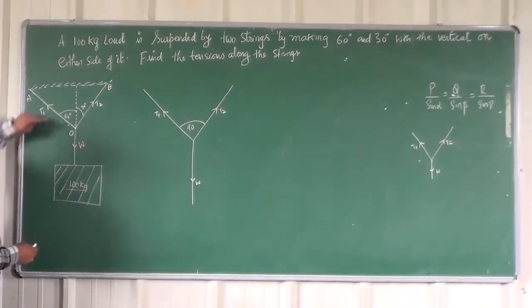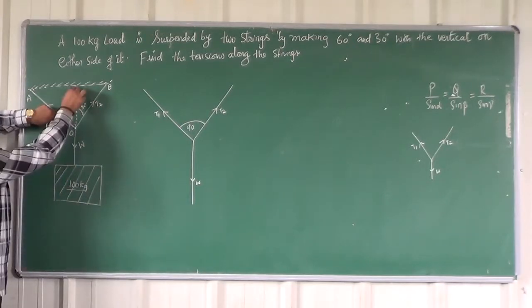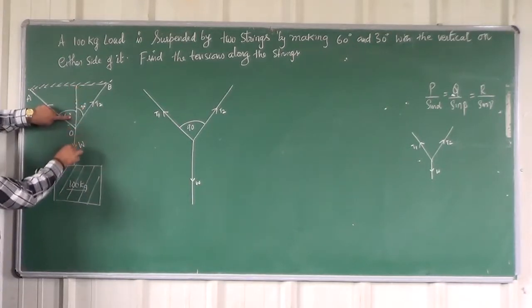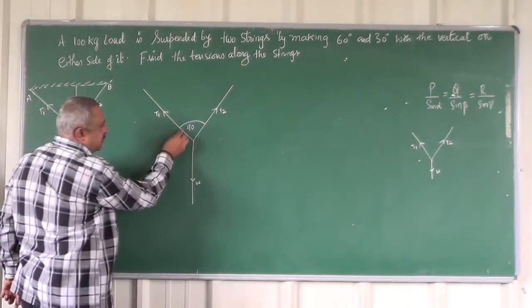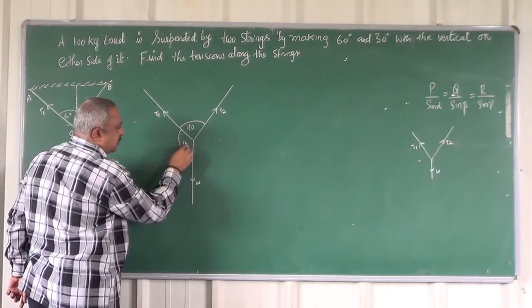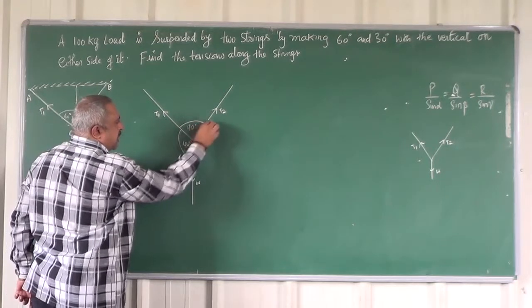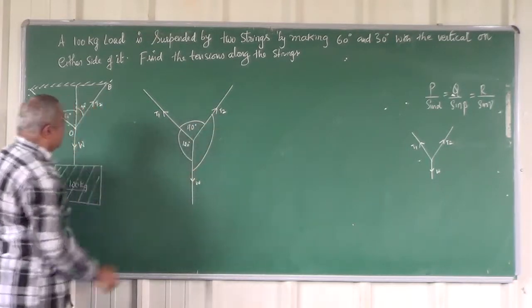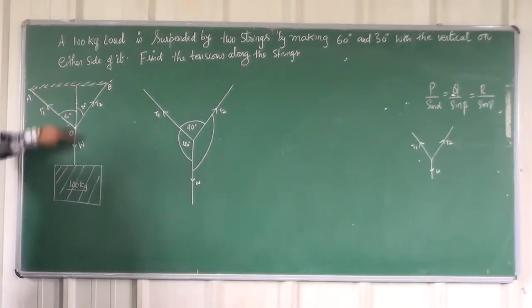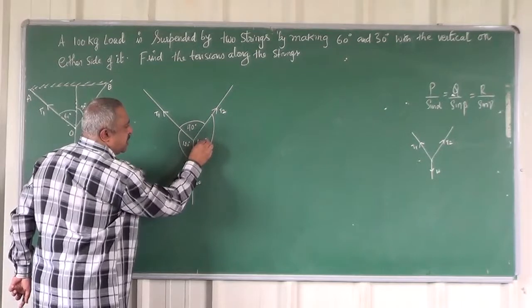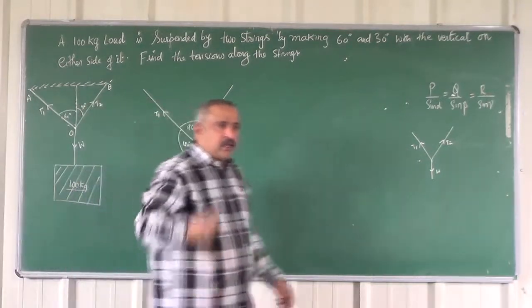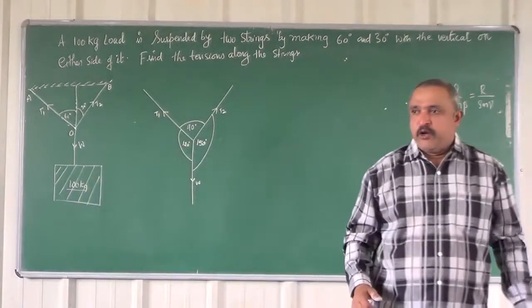This is 60. See, this is a straight angle. If you take off 60, how much remains? 120. And what is the angle between T2 and W? Take off 30 degree out of 180. It is 150 degree. Okay. Now you write the second diagram wherein you show the angles.